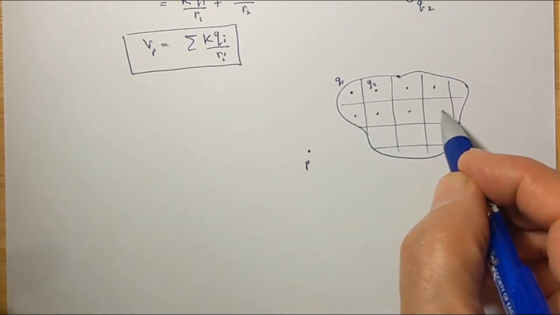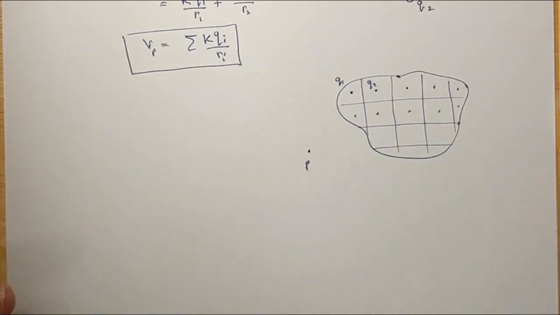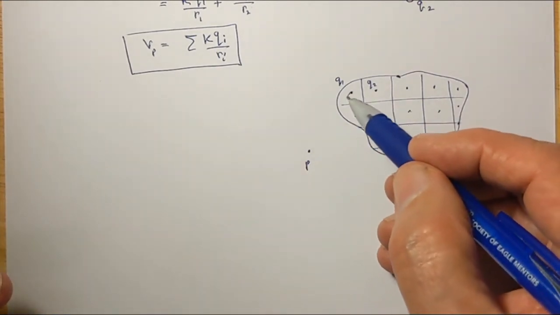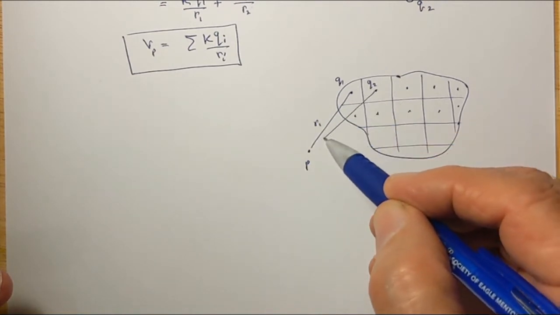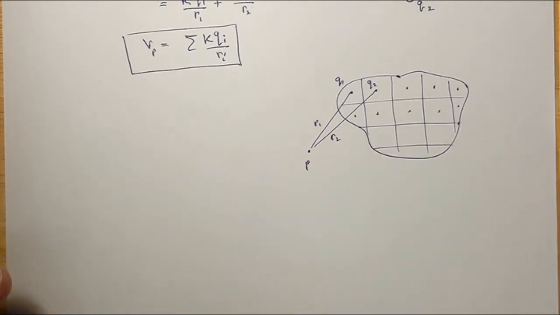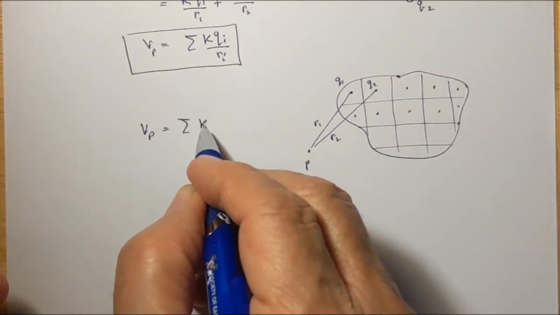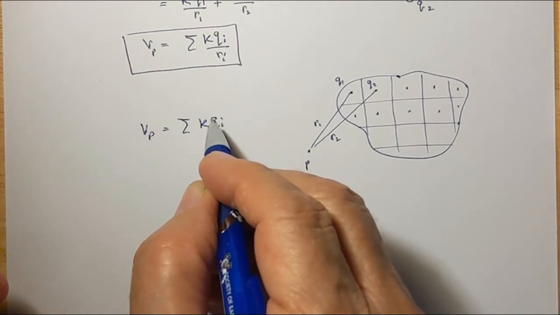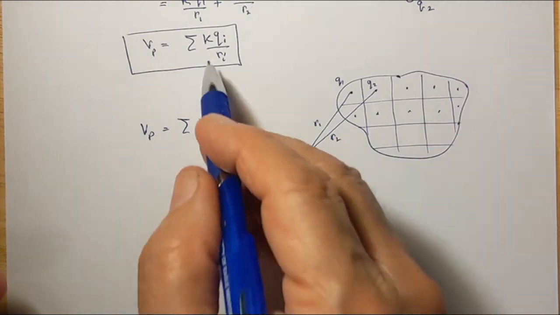So we'll have a large number of point charges which sort of represent this entire cloud. And then this distance would be R1, and this would be R2, and similarly for all the others. And then the potential would be the sum of KQi over Ri, the same as what we had before.